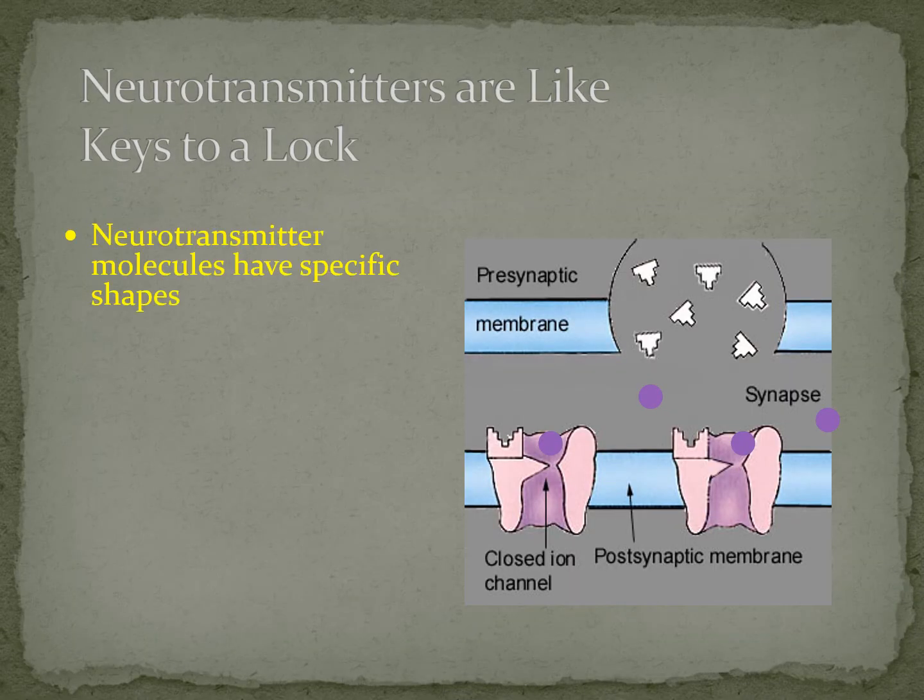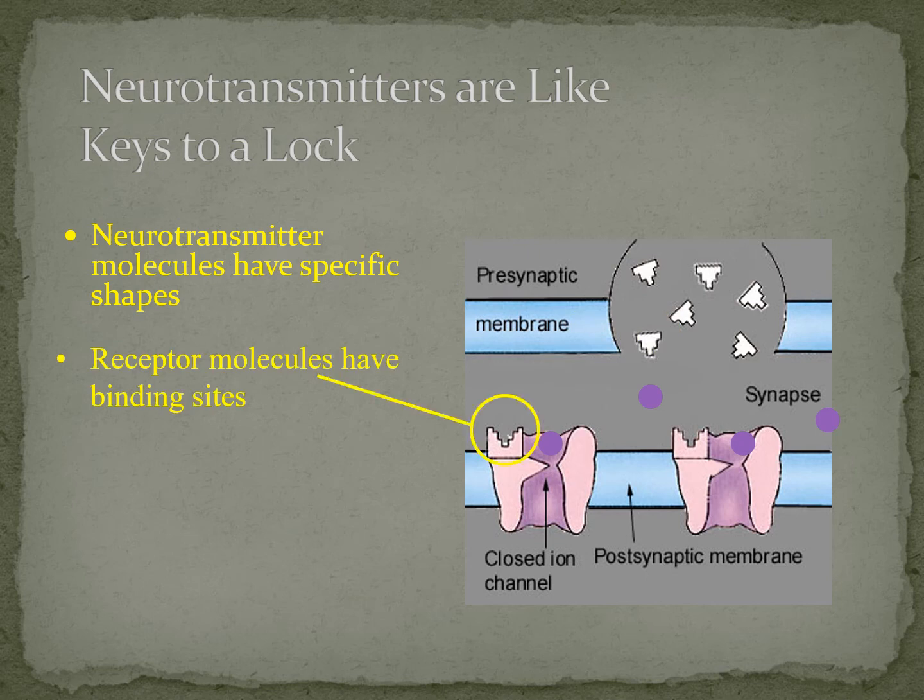Like I mentioned earlier, neurotransmitters are like keys to a lock. These white things are the neurotransmitter molecules. They each have a specific shape. If you walk around a house or a school and you have different keys, they look the same, but actually they have a different shape inside. Receptor molecules have binding sites.